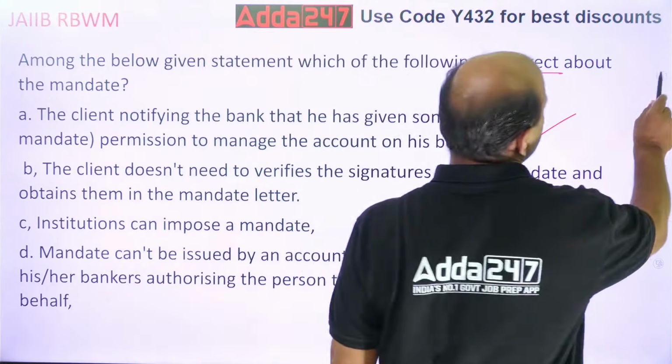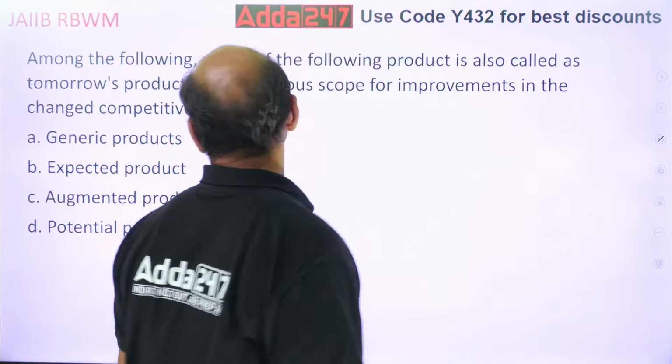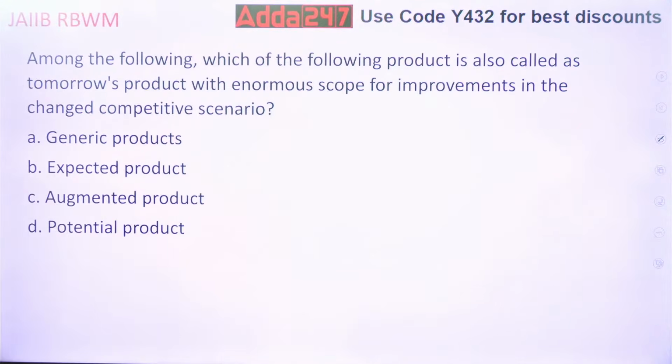Move on. Next one. Among the following, which product is also called tomorrow's product with enormous scope for improvements in the changed competitive scenario? Yes, correct, by passing a resolution, a company can do this.